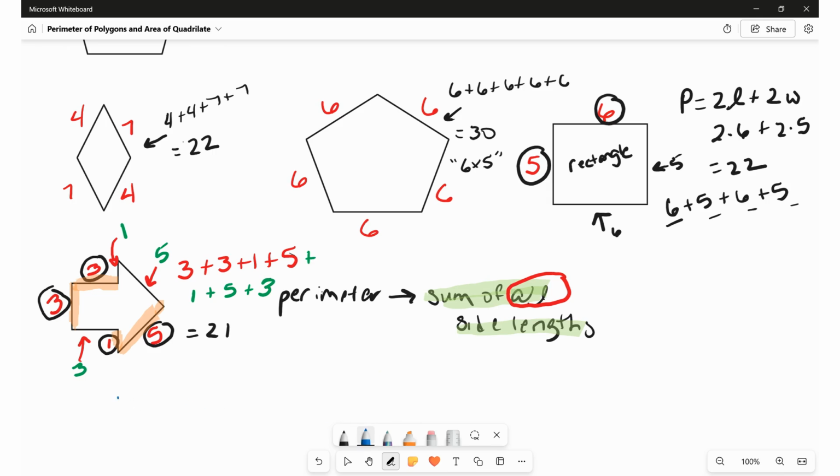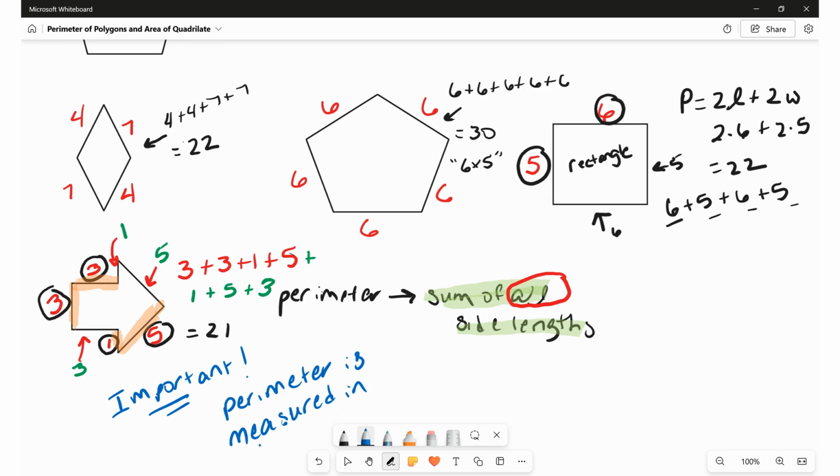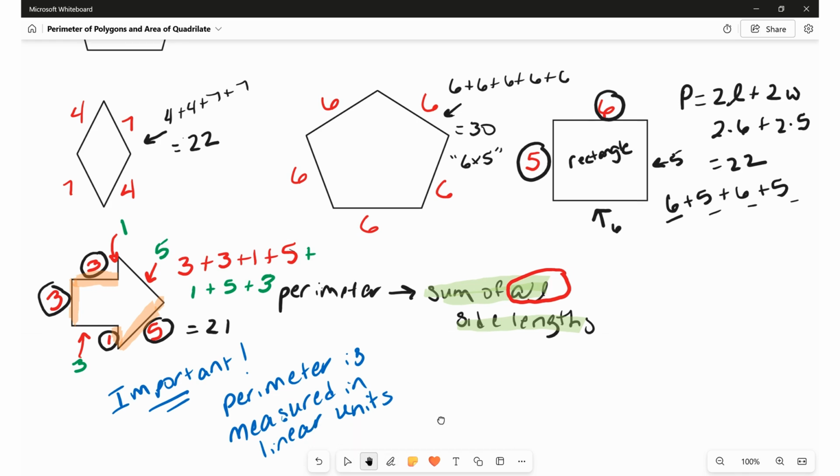So important: perimeter is measured in linear units. So what does that mean?